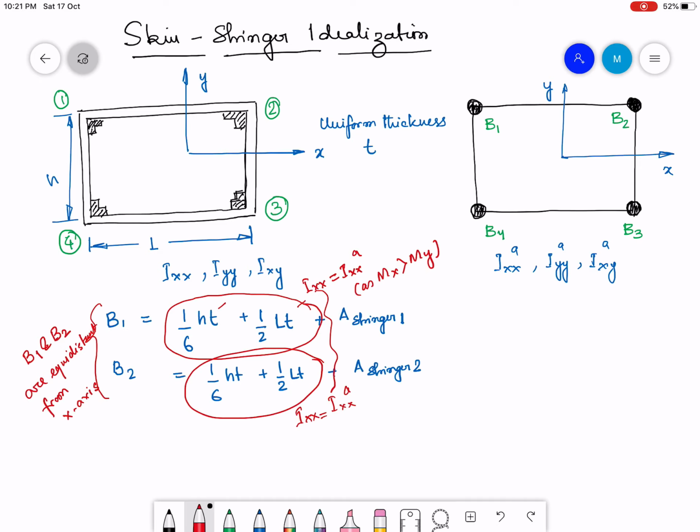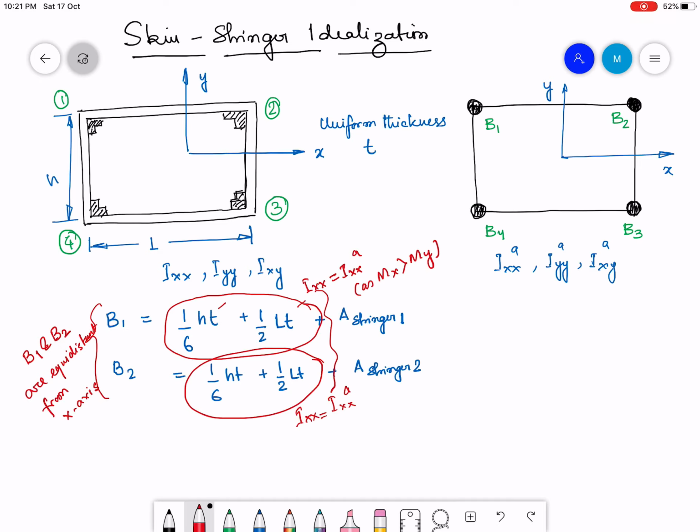Under this condition, we obtained the area of B1 and B2, which was given as 1/6 of the area of the adjoining web, and half of the area of the horizontal flange, plus the area of the stringer located there. Similarly, we could find B3 and B4. I am not getting into how to find B3 and B4.